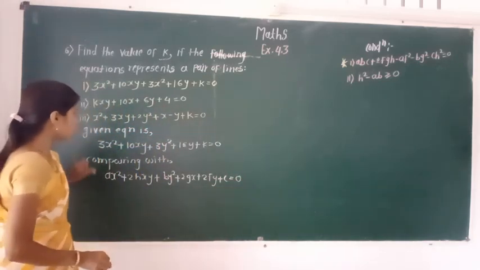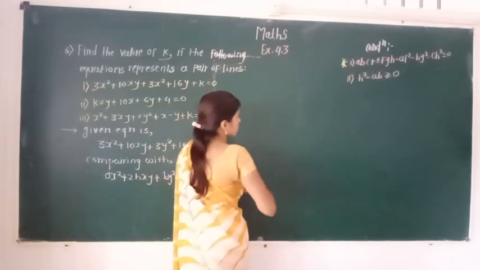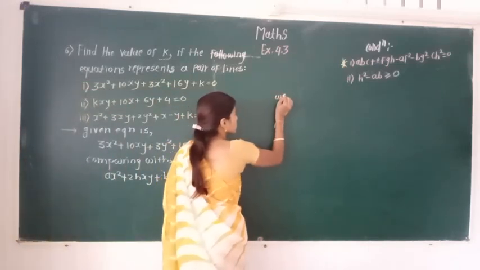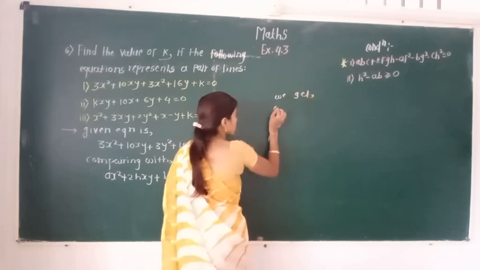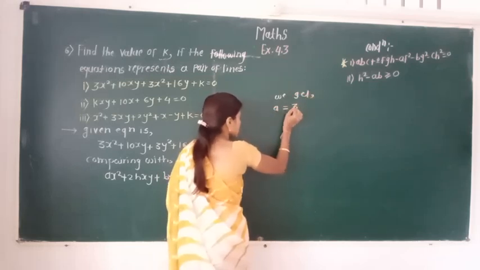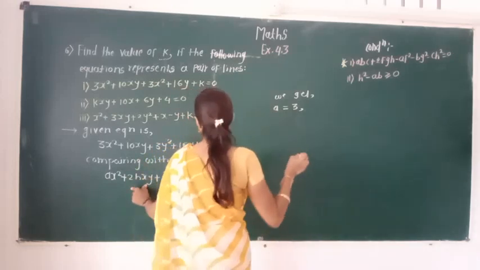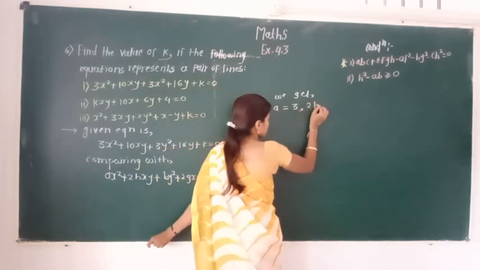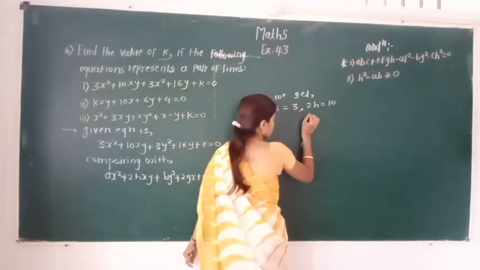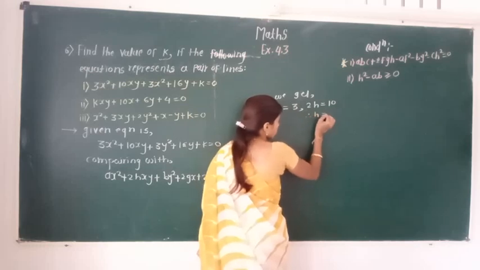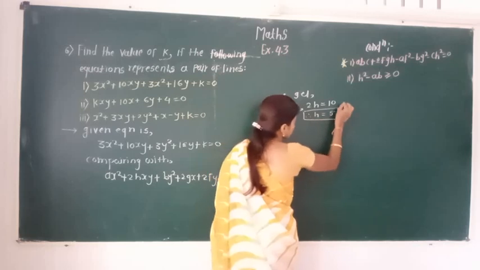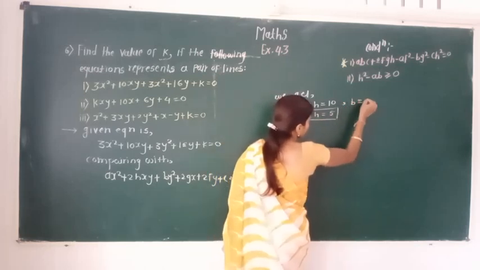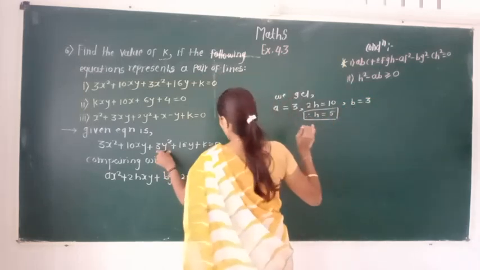After comparing these two equations, we get the value of a is here 3. Then value of 2h is 10. Therefore, h gets 5. Now, the value of b is also 3.